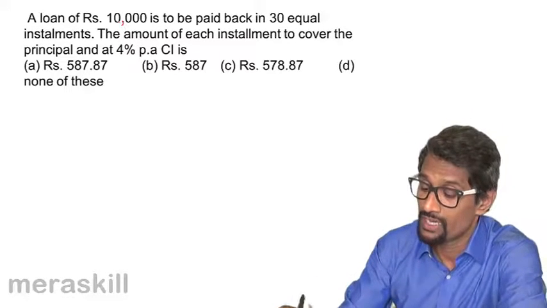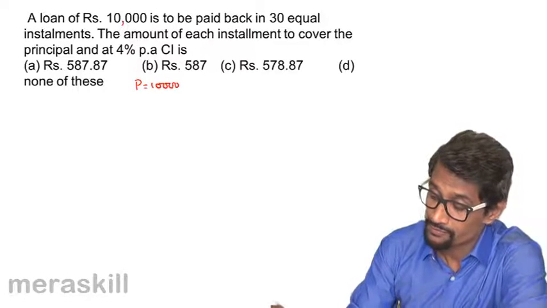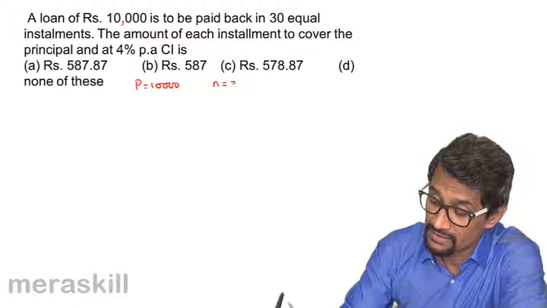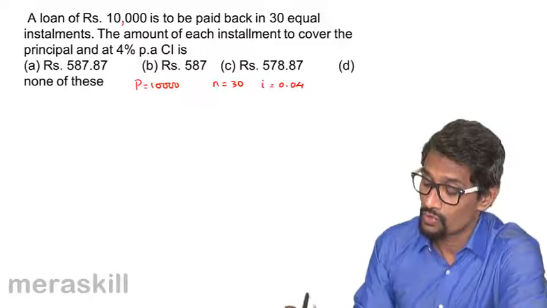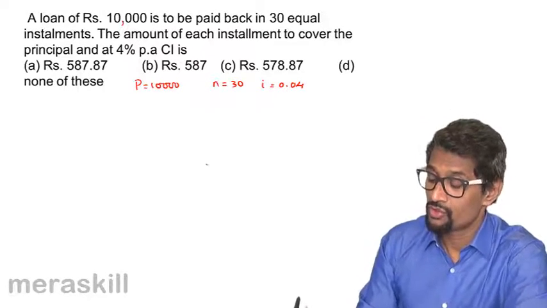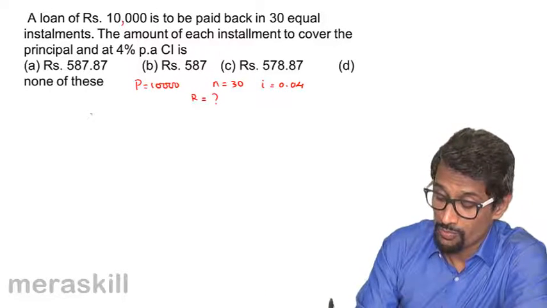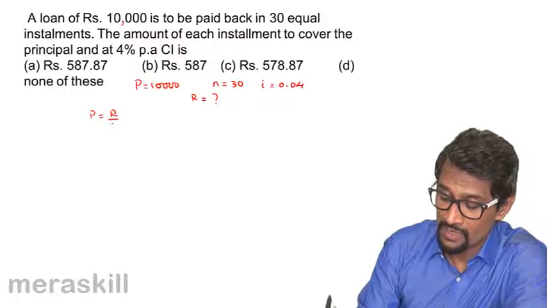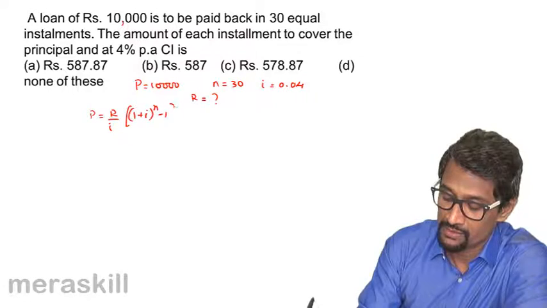So the present value is 10,000, n is 30, I is 0.04, and we need to find R. P is equal to R by I into 1 plus I raised to n minus 1.